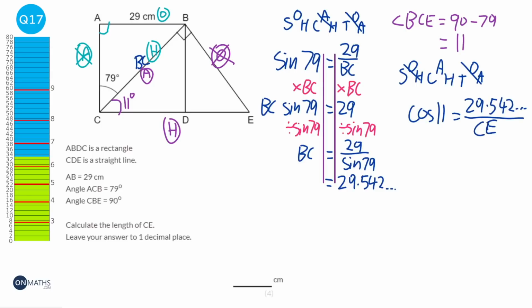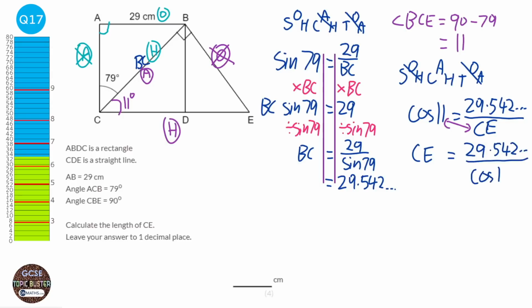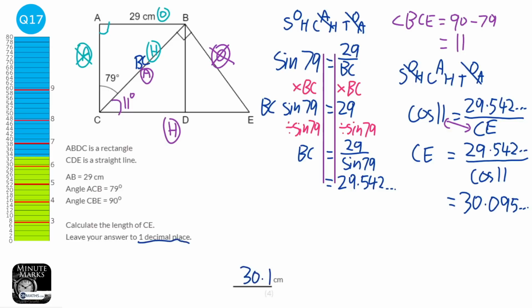Now hopefully you've realised from when we did it with the sine thing here, that actually we can just swap these two things over. So we can have it as CE equals 29.542 blah blah blah over cos 11. Okay, then we put that into our calculator and we get the answer of 30.095 blah blah blah, and it wants it to 1 decimal place, so that will be 30.1.